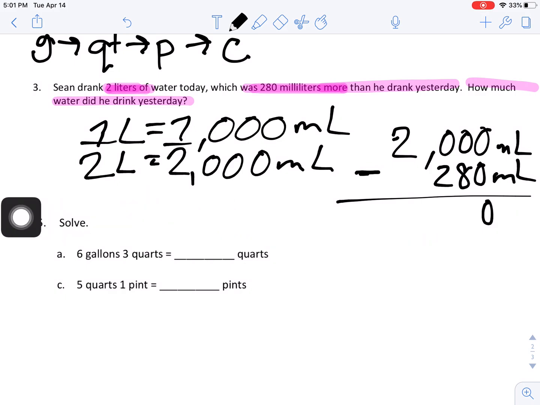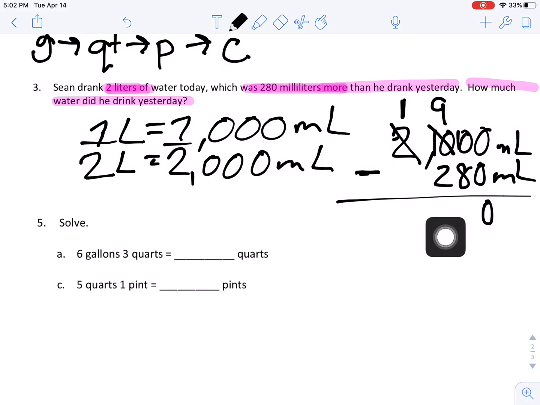You can just go all the way to the 1,000 and you make that a 1. And you can't just jump your thousands over to your tens. That would be way too many. So you have to give that 1,000 to the hundreds place. And now you have 10 hundreds. But you still cannot subtract in your tens place. So you take 1 away from those 10 hundreds, which makes 9, and gives you 10 tens.